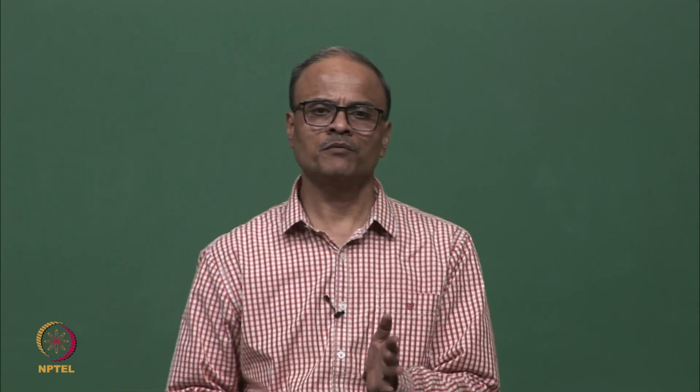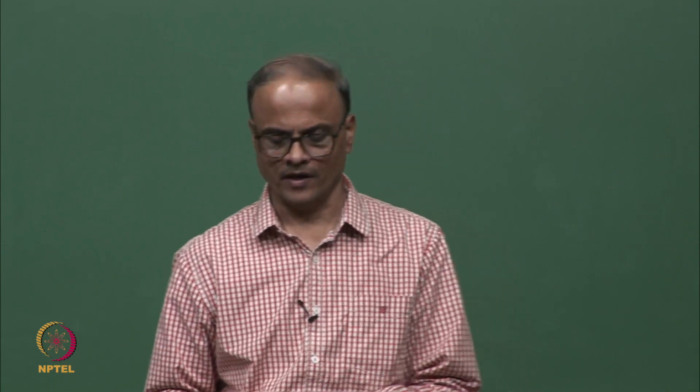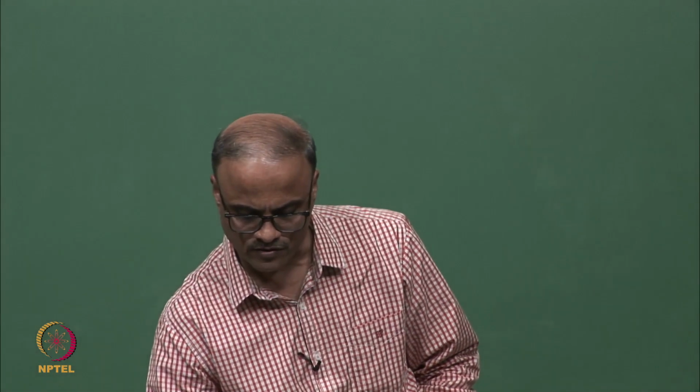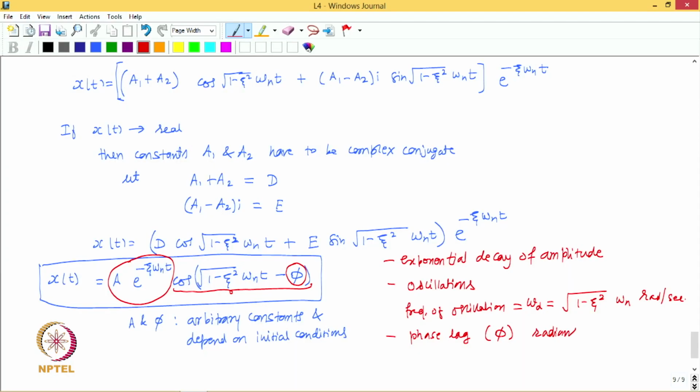When the vibration was started, the system's maximum response has a time lag; it does not reach the maximum at the same instant, it reaches a little bit late, and that is quantified by this phase angle phi, and of course, its units are radians. So, this is how this solution can be interpreted.